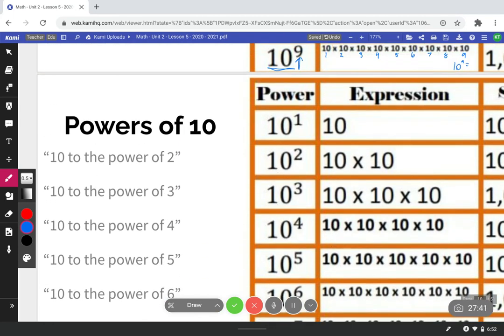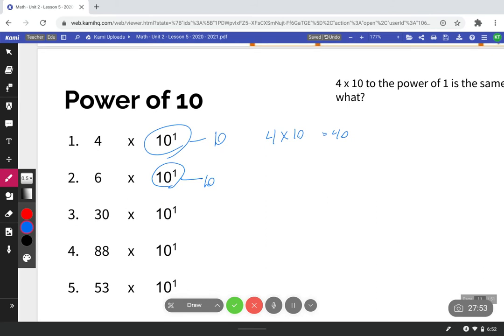If you're lost, go back up here. Remember, if it was 10 to the power of 3, we would be doing 10 times 10 times 10. So I see 1, 2, 3 tens. But I only need 1 ten. So 6 times 10, 60. 10 to the power of 1, 10. 30 times 10.